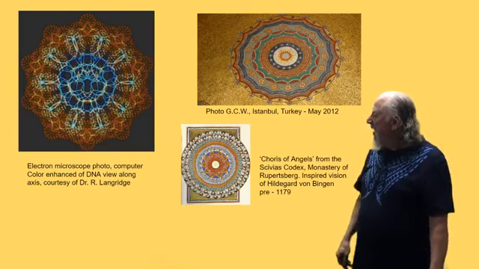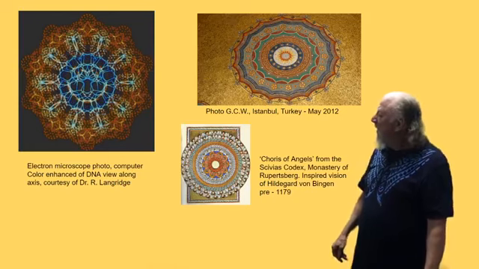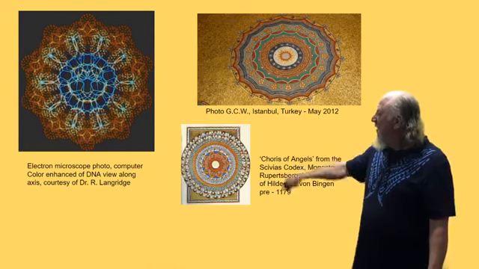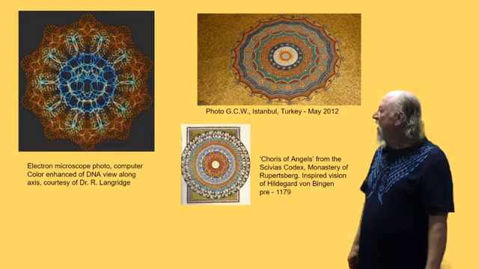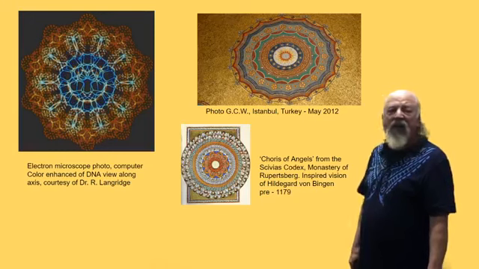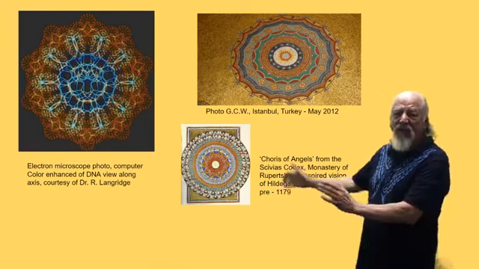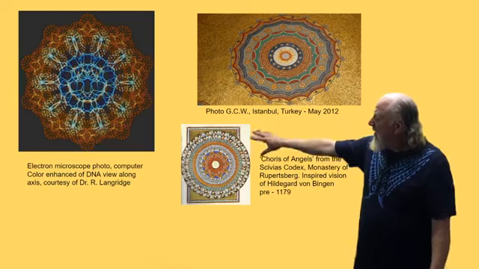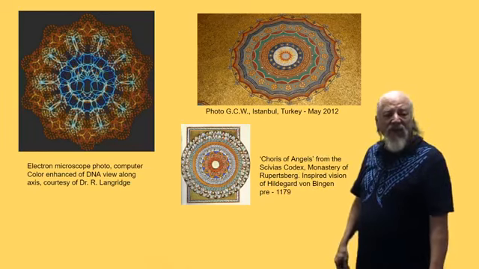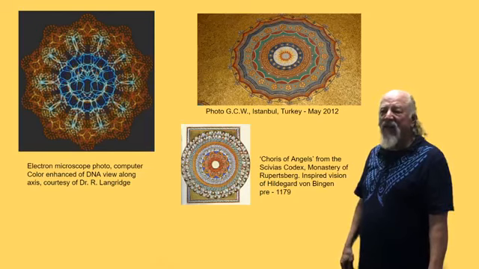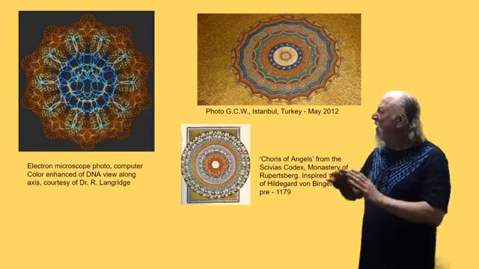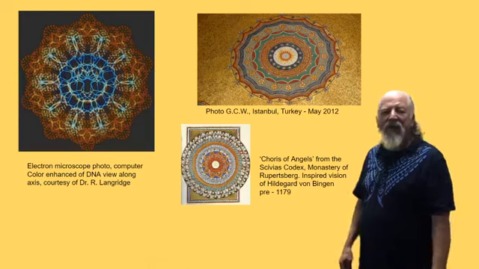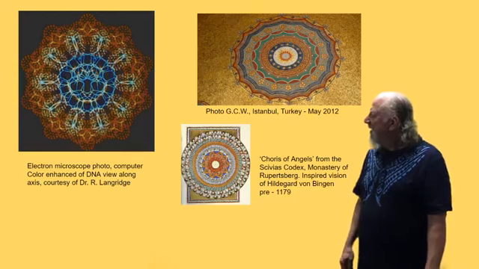We don't know the exact year, but it was from Hildegard von Bingen, and she died in 1179, so it's sometime before that. And that kind of echoes that as well. So this is what our DNA looks like on a super microscopic level. So I thought that was fascinating.